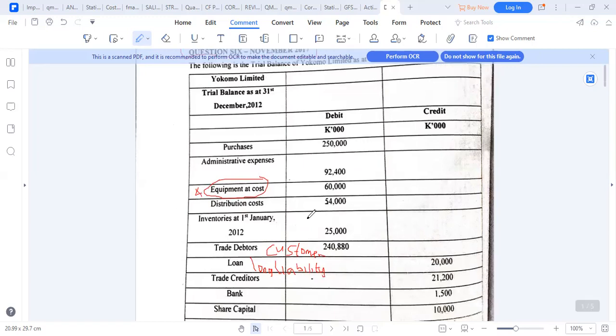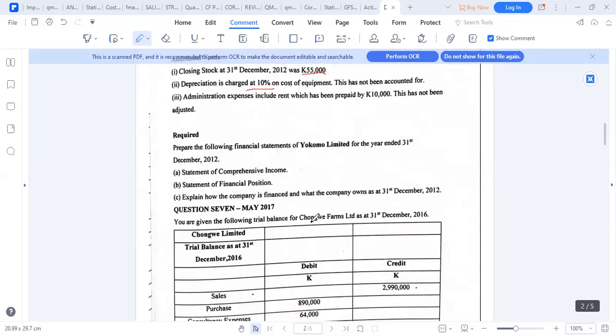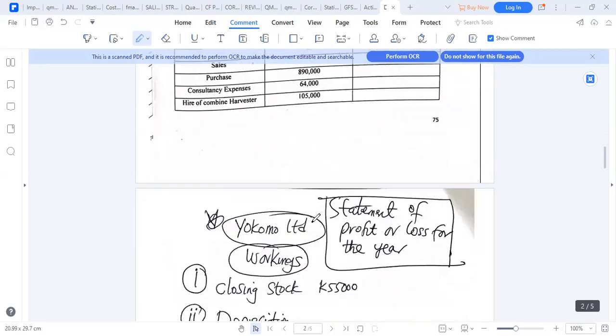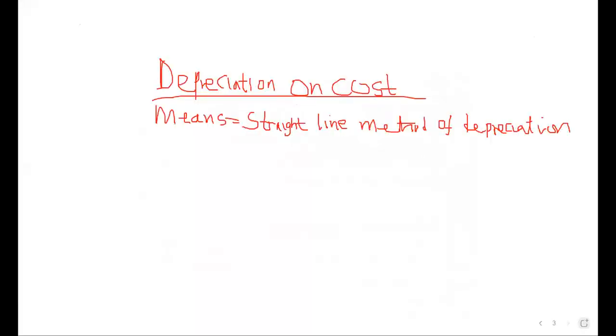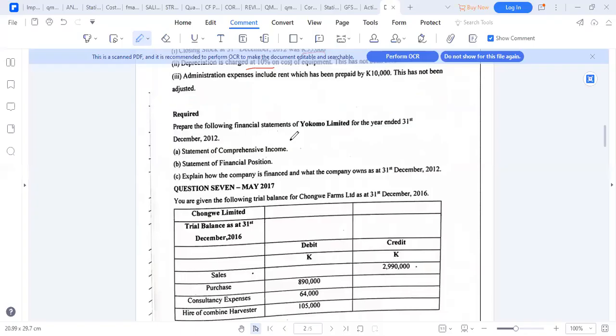As we do the workings, we can say the first working, as we start answering this question now. The workings are the most important thing. So the workings for Yokomo: the first one is closing stock.